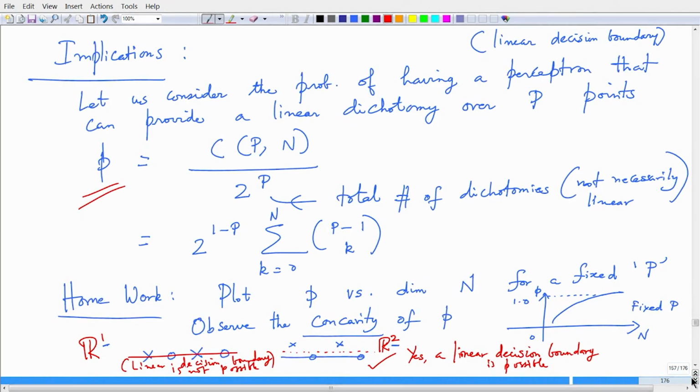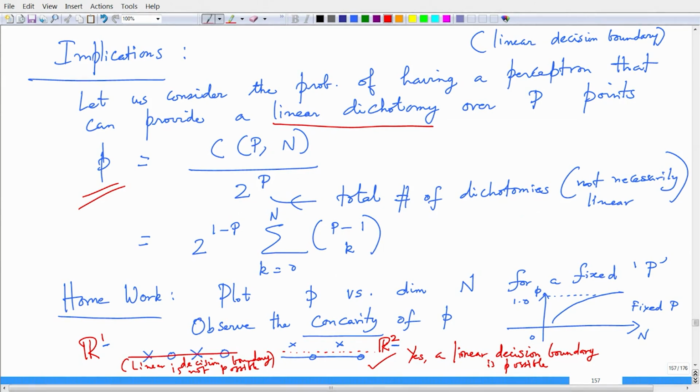Now let us look into the implications of this theorem. Let us consider the probability of having a perceptron that can provide a linear dichotomy over p points. So that was our objective, right. We start with a perceptron and we want that to provide us a linear dichotomy over p points. This probability is given by C of p comma n upon all the possible dichotomies.